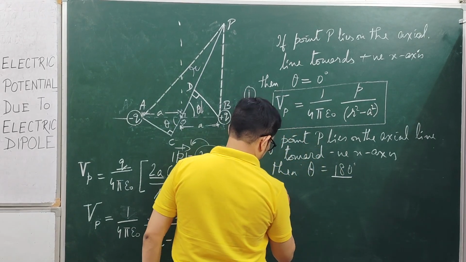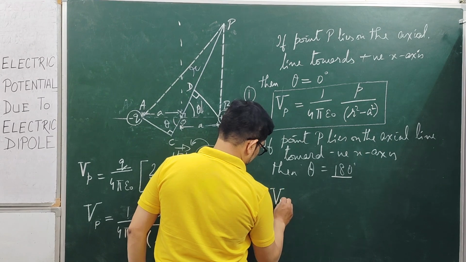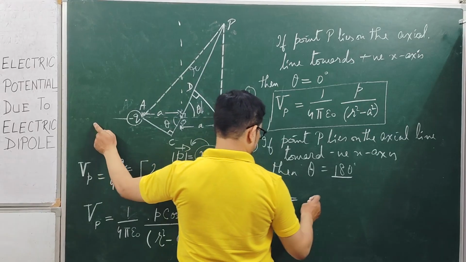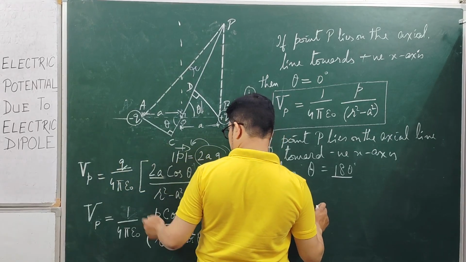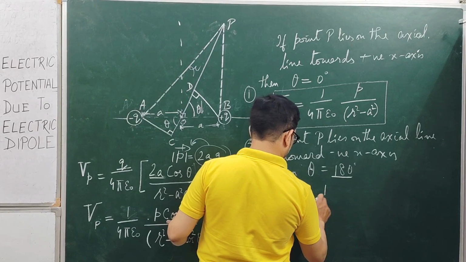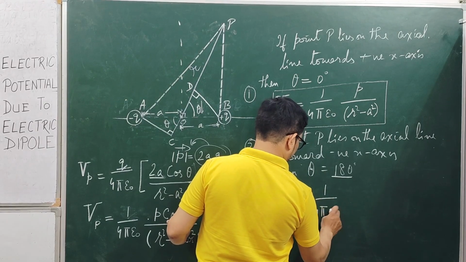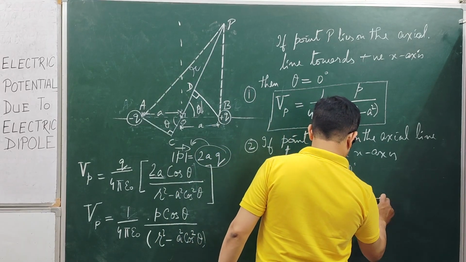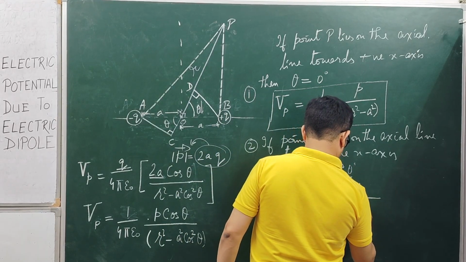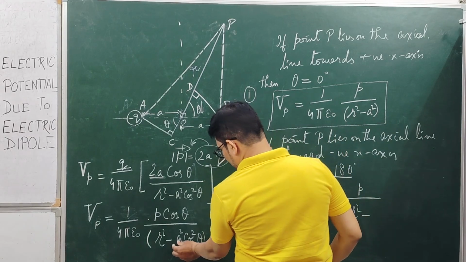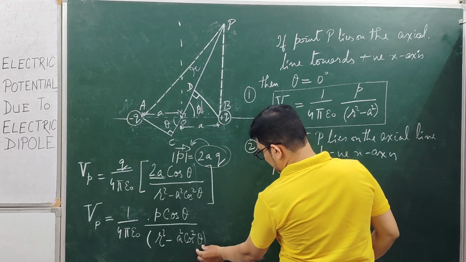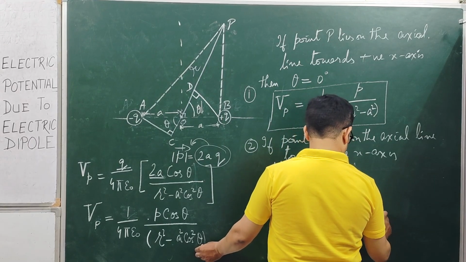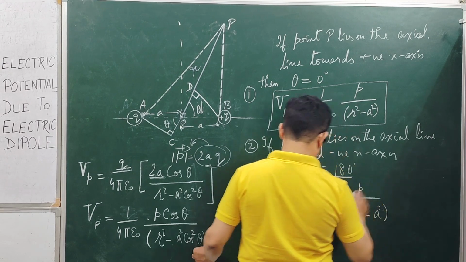So we get Vp, the electric potential on the negative x-axis, as minus 1 over 4 pi epsilon naught times P divided by R squared minus A squared, since cos 180 is minus 1, squared would be again 1, so it remains R squared minus A squared.